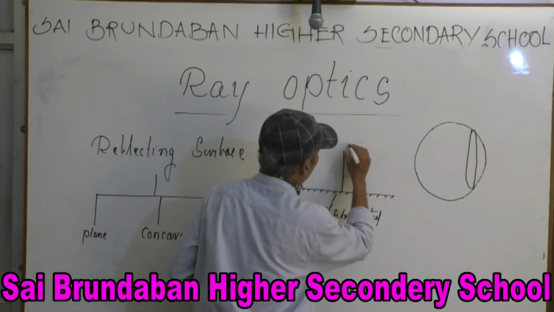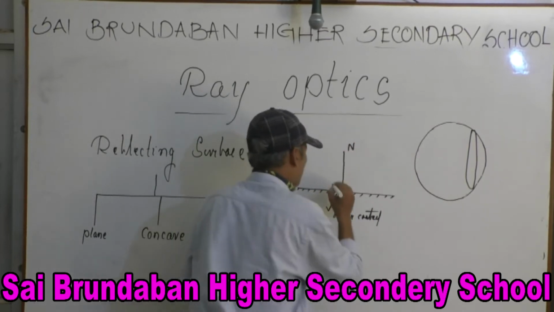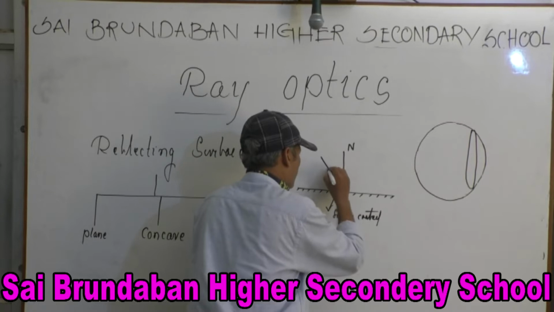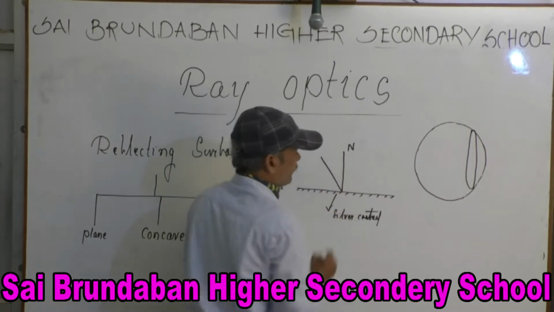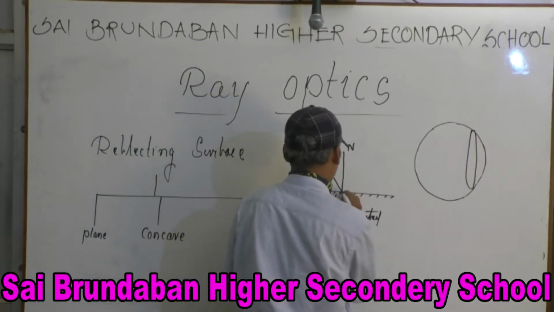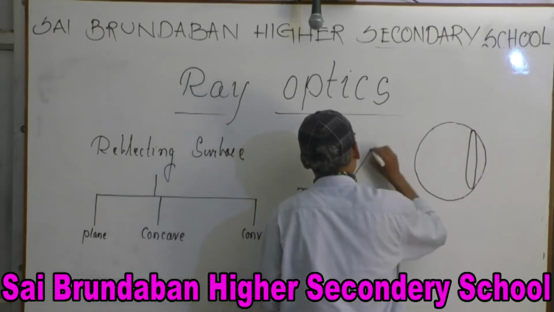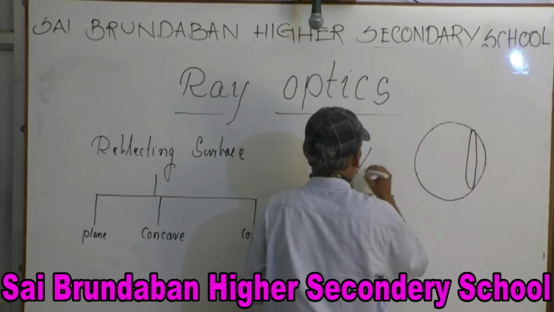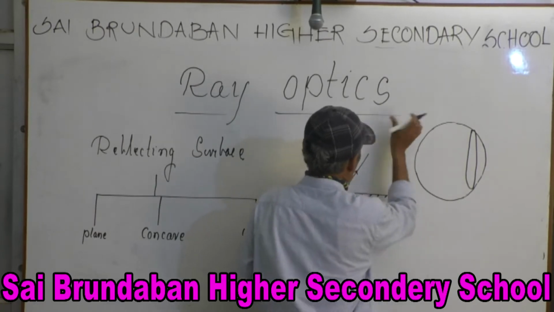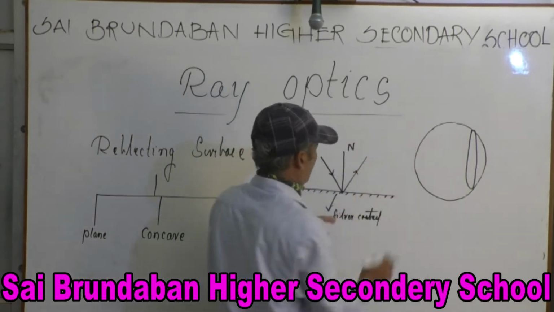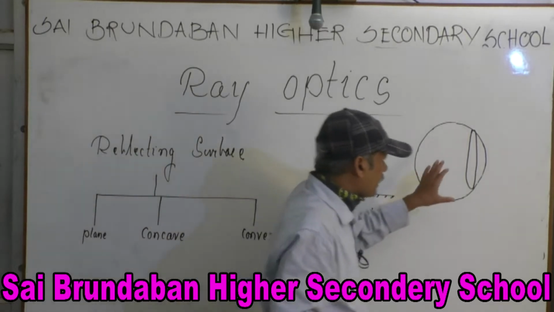This is the normal. This is the point of incidence. This is the incident ray. And this is the reflected ray. Come to here.